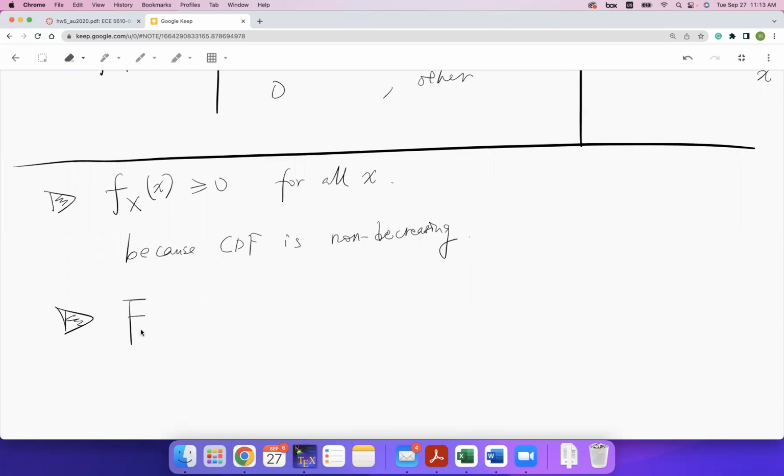Second of all, the CDF can be written as integrating the PDF from negative infinity up to x.